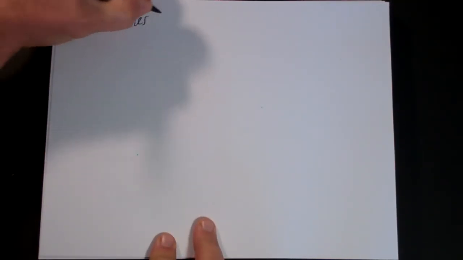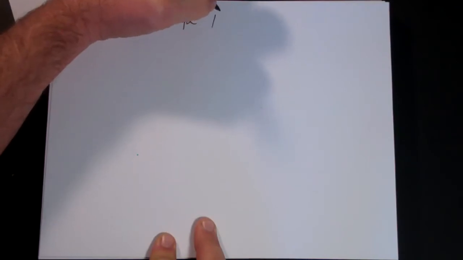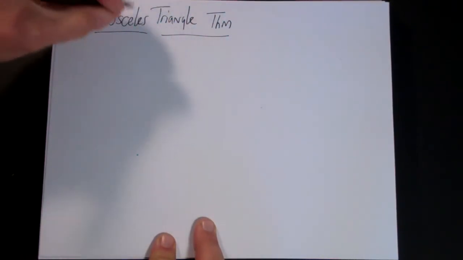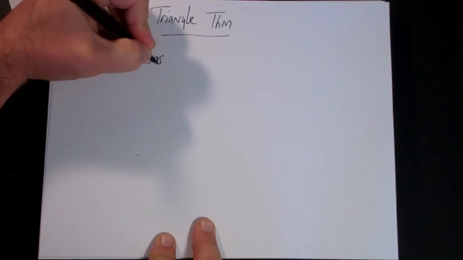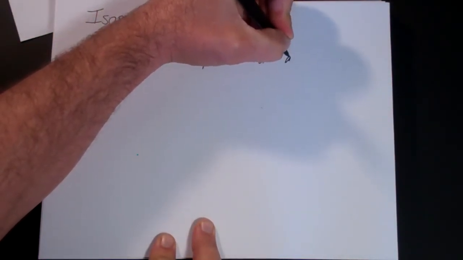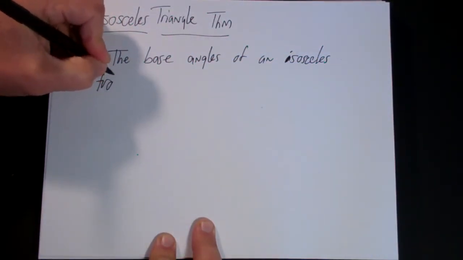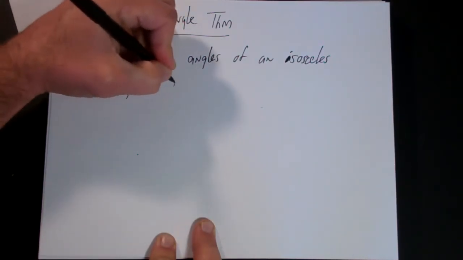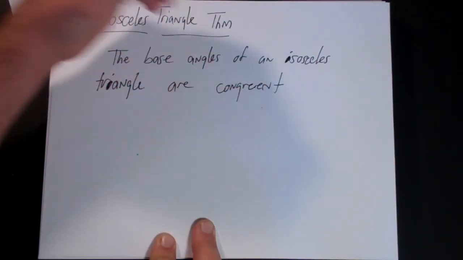And now we have two theorems. The first theorem is called the Isosceles triangle theorem. We name it that because it was named after a guy named Isosceles. And it says simply this: the base angles of an isosceles triangle are congruent, or their measures are equal.